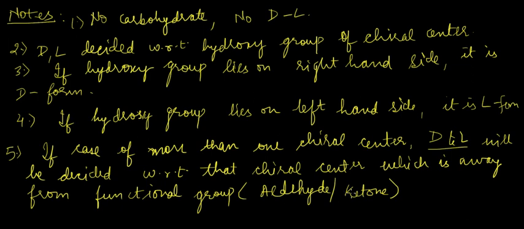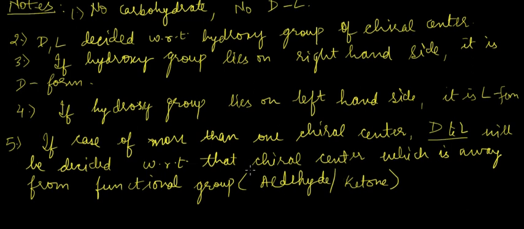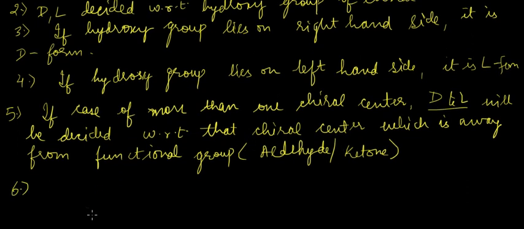Okay, and the last point would be: D-glucose and L-glucose are enantiomers, as we saw in the examples where I made the mirror image of D-glucose and L-glucose, and they are obviously mirror images of each other, and they are enantiomers. Okay, just writing it for documentation's sake.